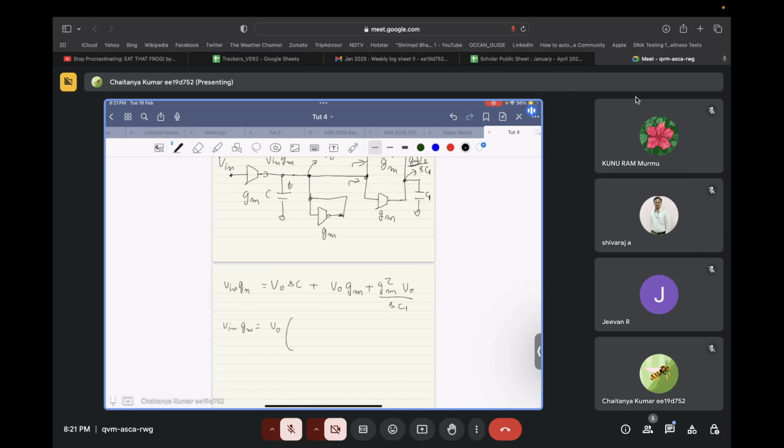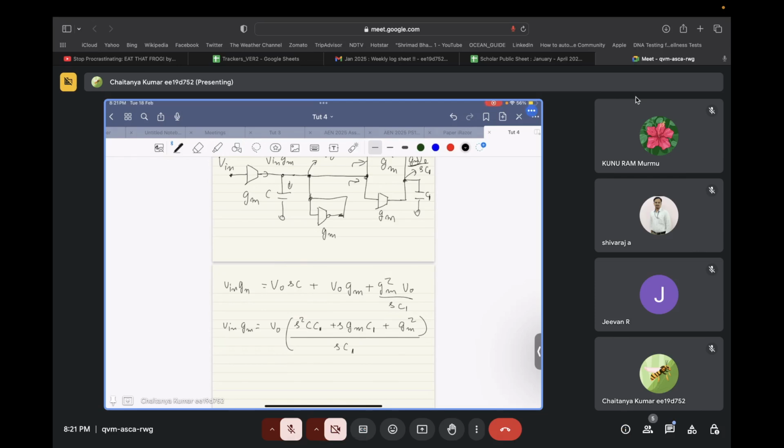V naught can be taken out common. So you have S square C times C1 plus GM SC1 plus GM squared, divided by SC1. Correct?